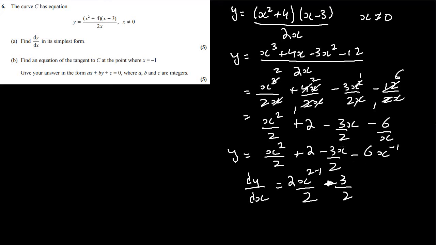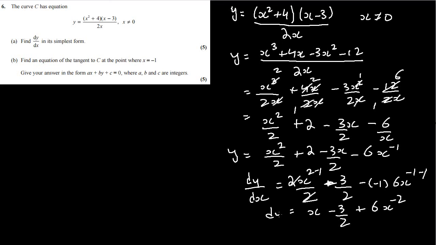This is basic differentiation, where if you have a single variable left, it disappears, and only the constant part of the expression is left. Similarly here, you bring the minus 1 in front, so you have minus 1 times minus 6 x to the minus 1 minus 1. The 2 and 2 cancel, so you will have x to the power of 1, which is x, minus 3 over 2, and minus into minus is plus 6x to the minus 2.